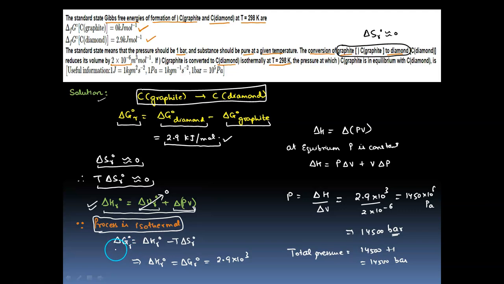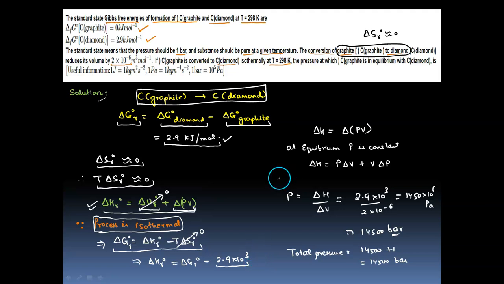Further, delta G is delta H minus T delta S. Since data is not given and it is a very small value, we have assumed this to be 0. If data was given, we'd put the value here. So delta G for the transition reaction is equal to the enthalpy change for the reaction, which is 2.9 × 10^3 joules per mole.